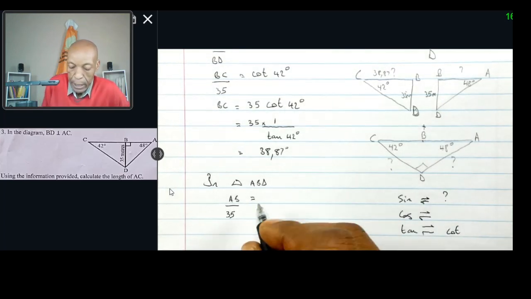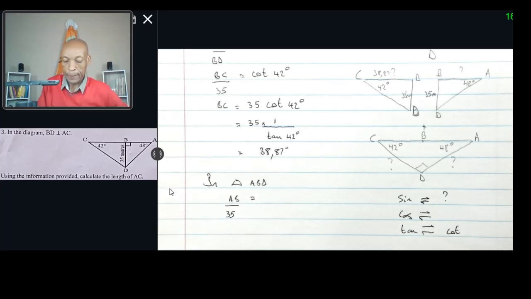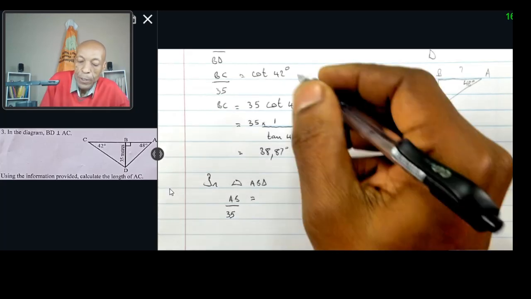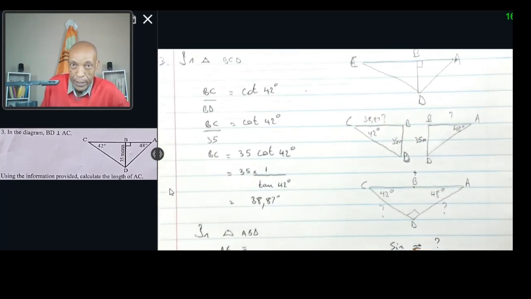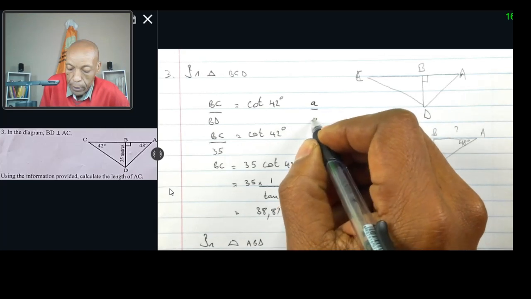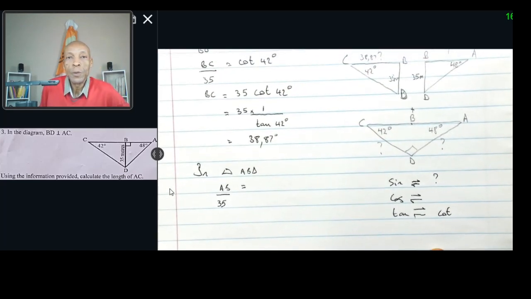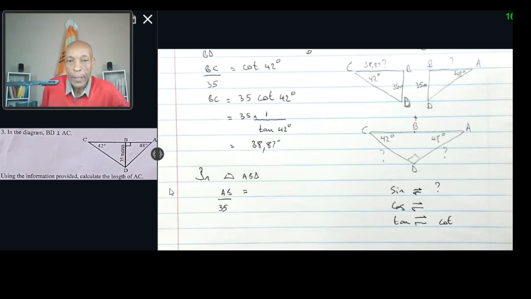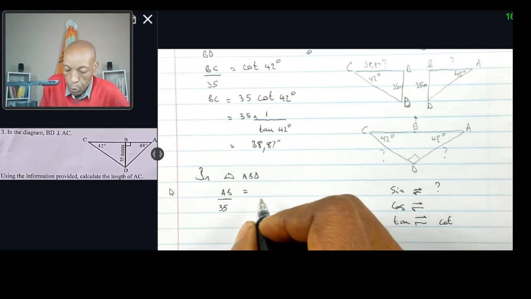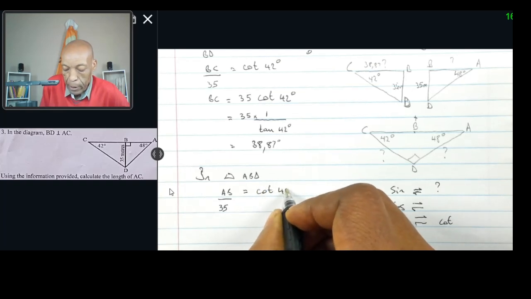So it means I will have adjacent over opposite. Okay, maybe I should have written that there as well. So it is adjacent over opposite, which is equal to cot as well, isn't it? So this time it is cot of 48.